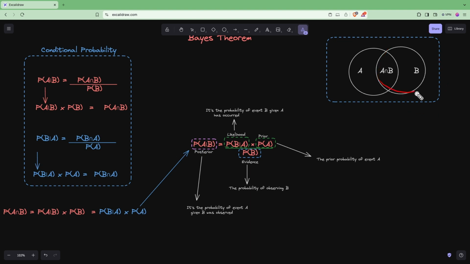If an event has occurred, then the sample space reduces. This is the main thing that you need to keep in your mind.